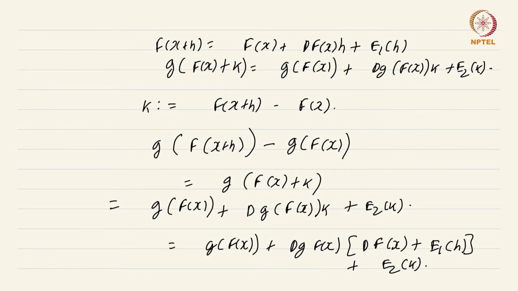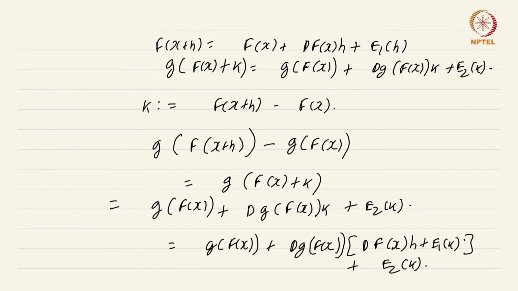We have got this term g of f of x, and we have got dg of f of x at the point f of x acting on dfx plus e1h plus e2 of, I missed an h, that was what was throwing me off here. This is actually h plus e1 of k. Much better. So we have essentially got what we need.